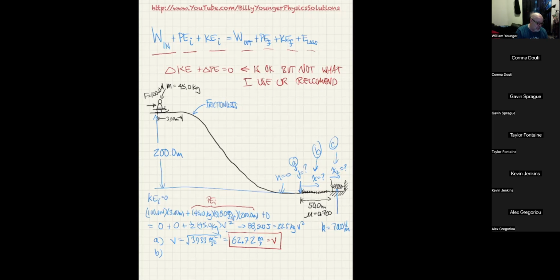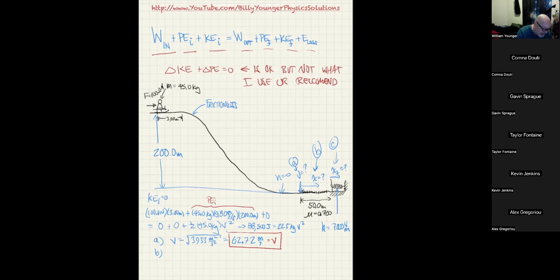The potential energy initial is 0, the work in is 0, the work out is 0, the potential energy final is 0. And what I need to figure out is, if I put the kinetic energy final being 0, how far will the child go? In other words, what is x before it comes to a stop? If that x is bigger than 50 meters, then I know that rumble spot's just not big enough.